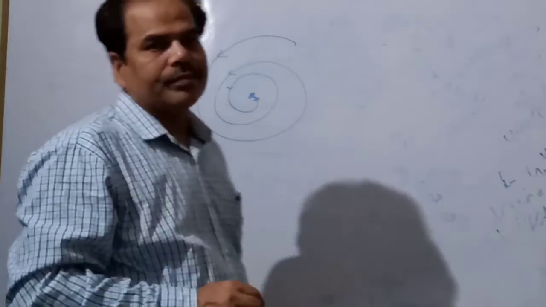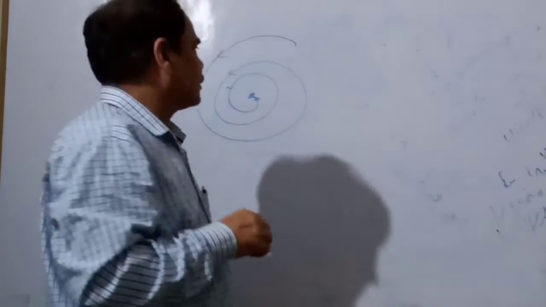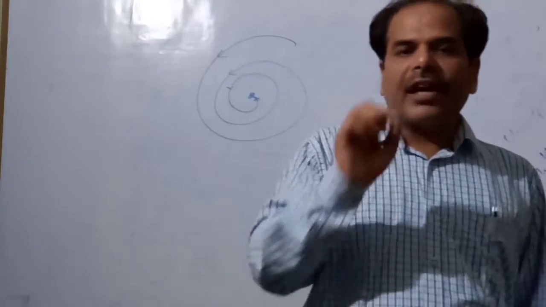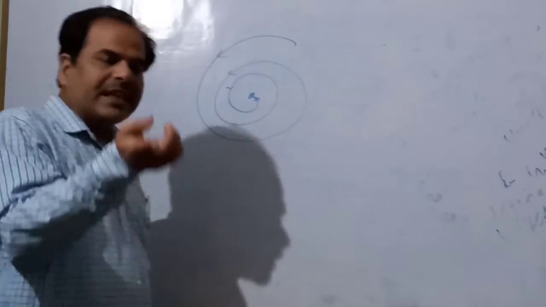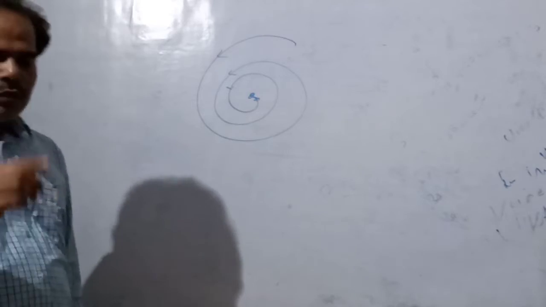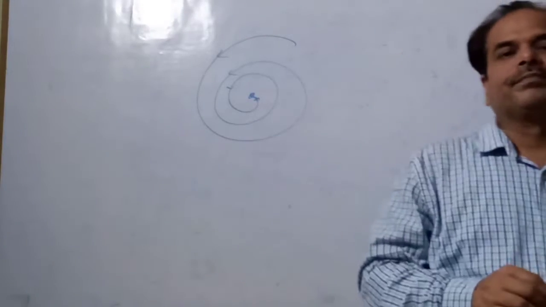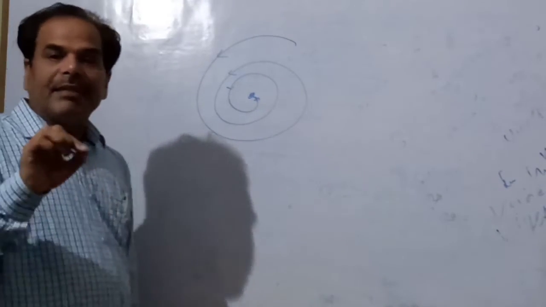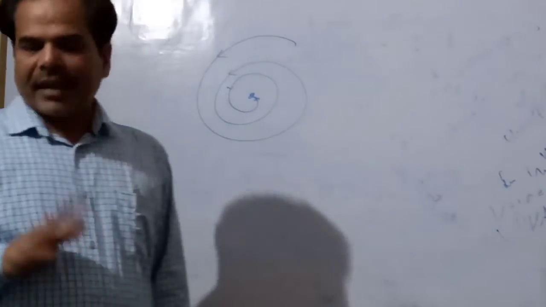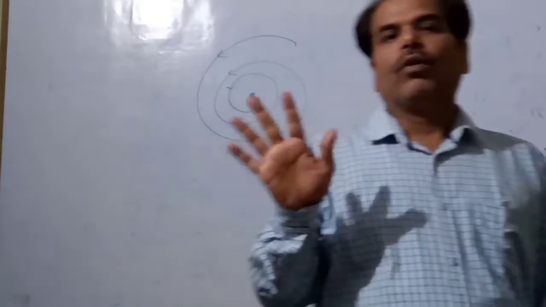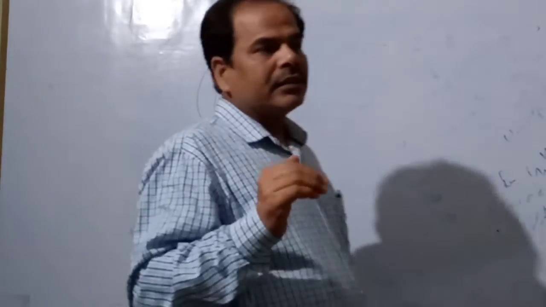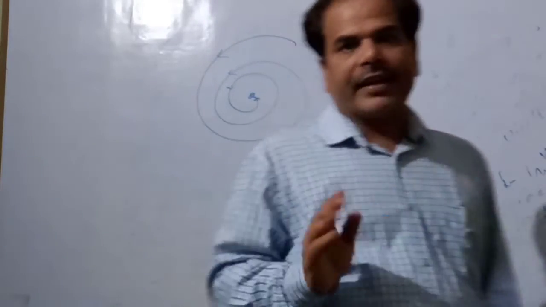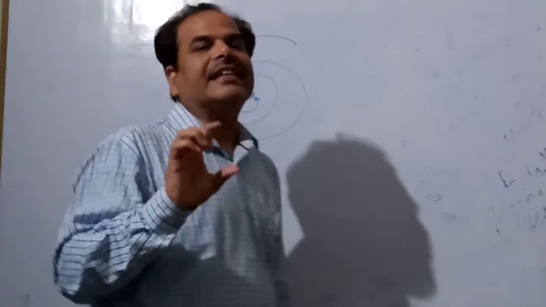Second drawback is, if the electron comes closer to the nucleus by losing its energy due to Maxwell electromagnetic theory, the energy emitted should be continuous, but this observation was not seen, and the spectrum obtained from the atom is in the form of lines.